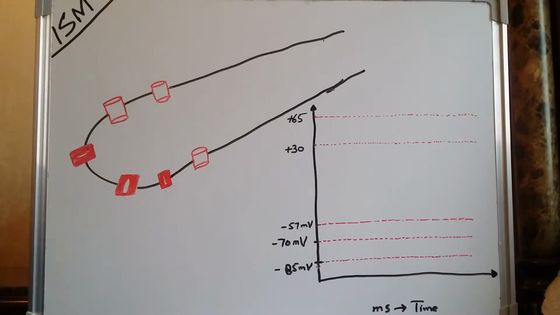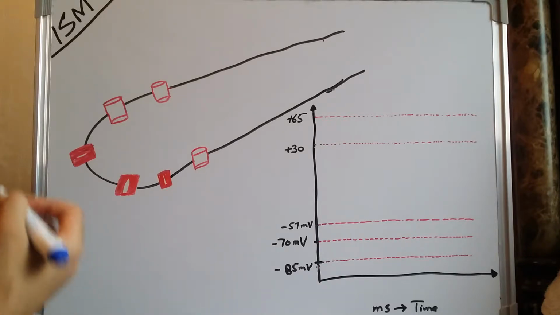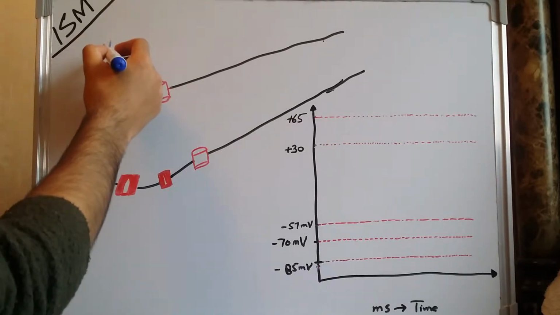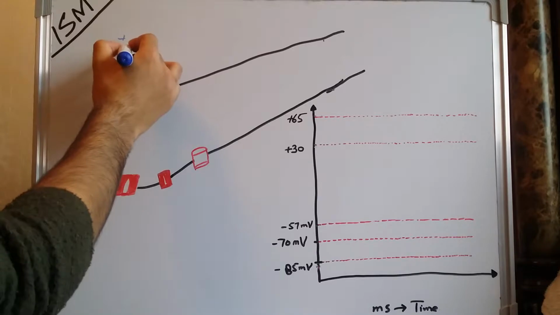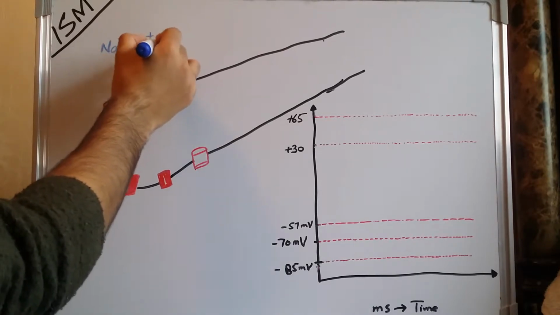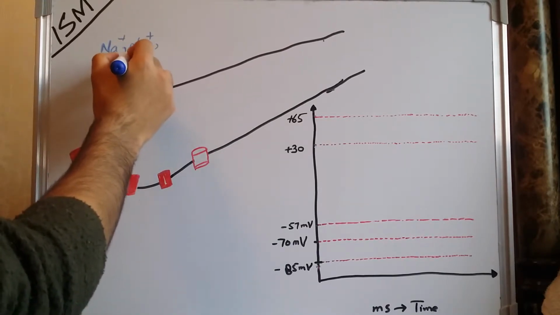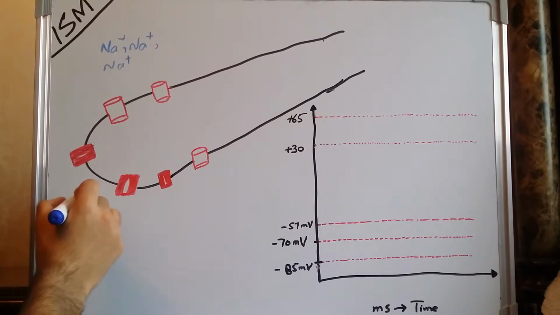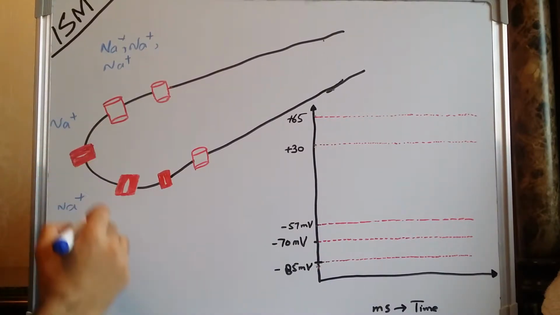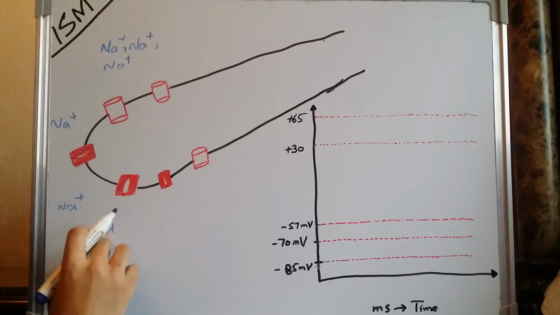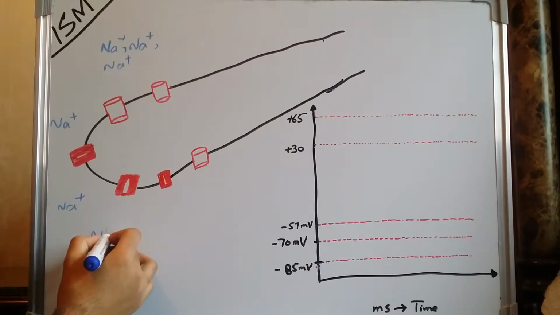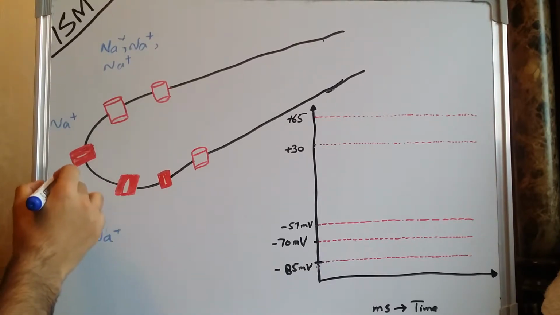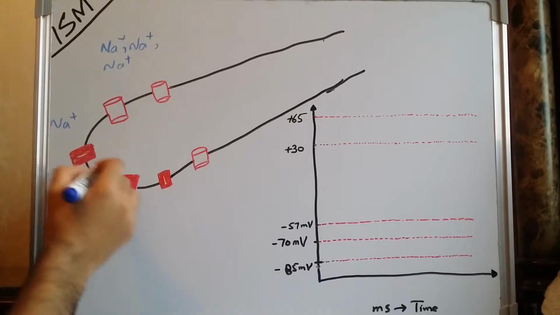For example, we know that the concentration of sodium ions is greater outside because sodium is an extracellular ion. These are the sodium ions present outside the cell.